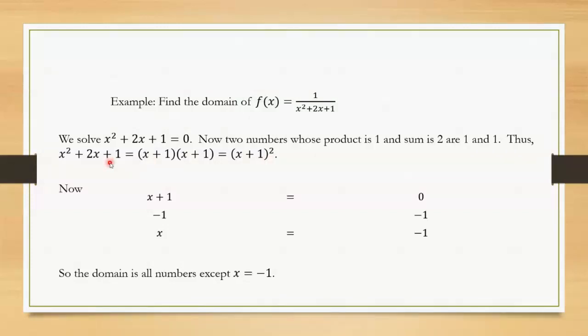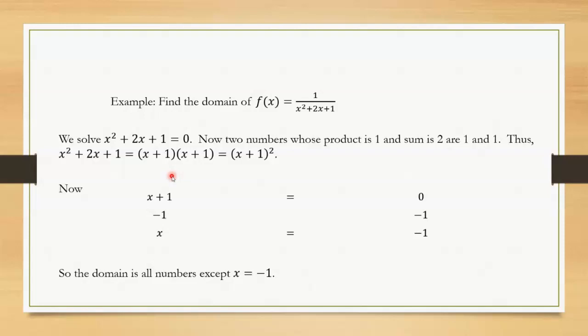So we want to solve this equal to 0. Now, if you have something times itself equal to 0, well, that something itself has to be 0. In other words, we have x plus 1 times x plus 1. We want to know when this product is 0. Normally, you would set each factor equal to 0.